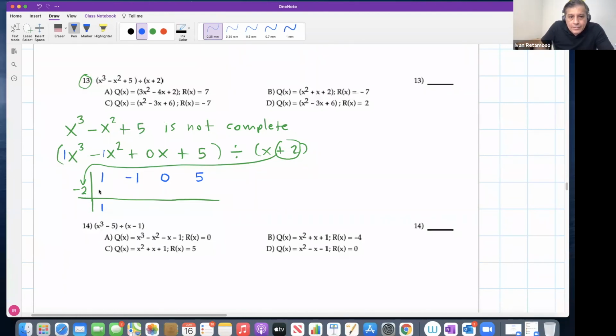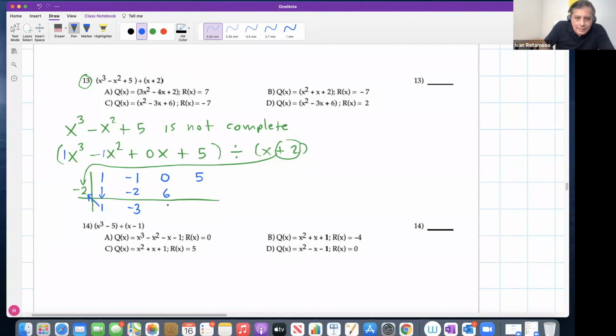So 1 comes down as it is. Then 1 times this guy always, -2. Then you add these 2: -1 plus -2, that's -3. Then multiply again: -3 times -2 happens to be +6.